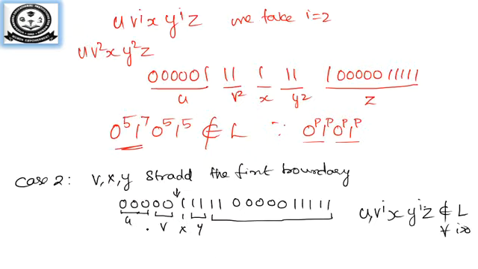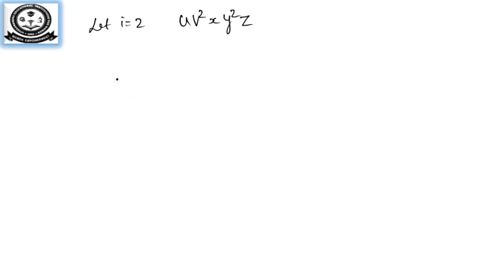So let us take i equal to 2. That means u v square x y square z. What is u? U is triple zero. This is u. What is v? V we have taken as double zero.